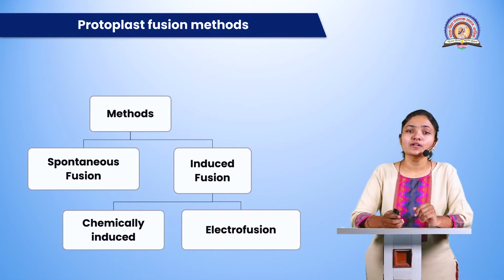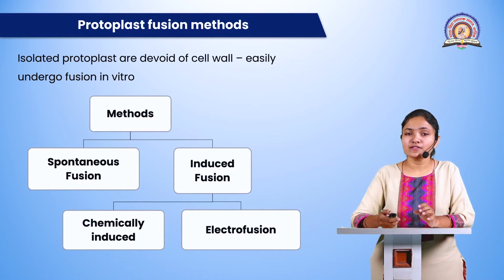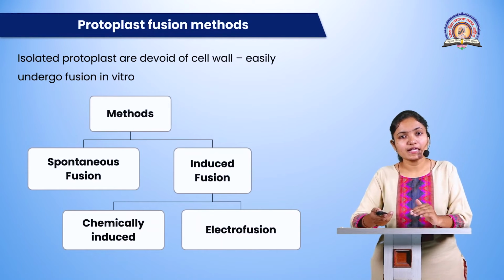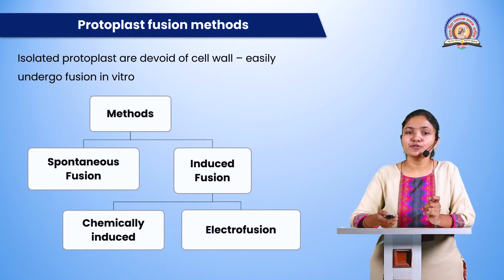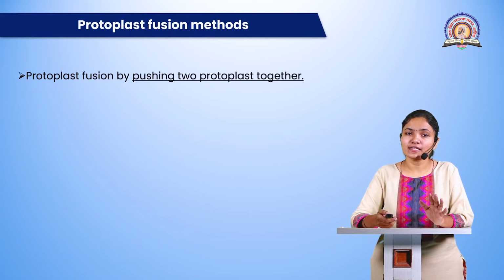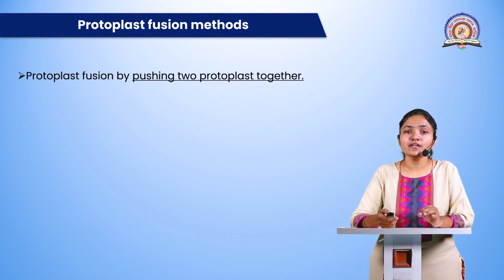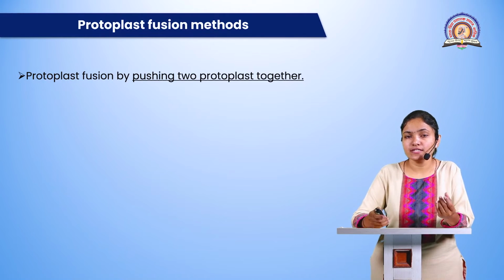Okay. Now, for protoplast fusion, there are again some methods. Here you can see that these methods involve two important types, that is spontaneous fusion and second is induced fusion. Now, spontaneous fusion, the name itself suggests, does not use any type of fusion inducing agents.